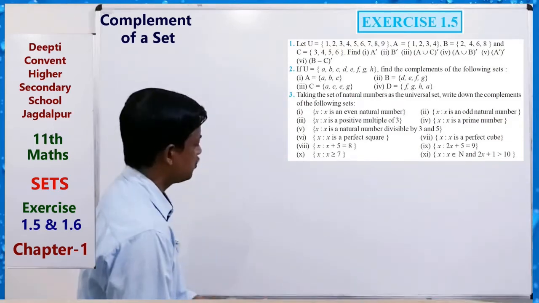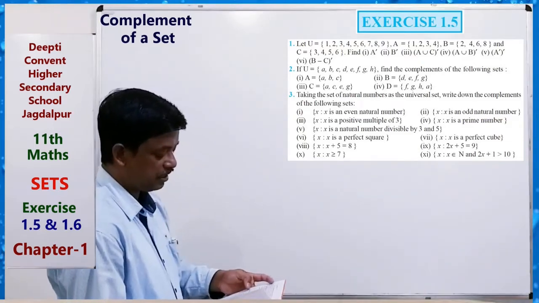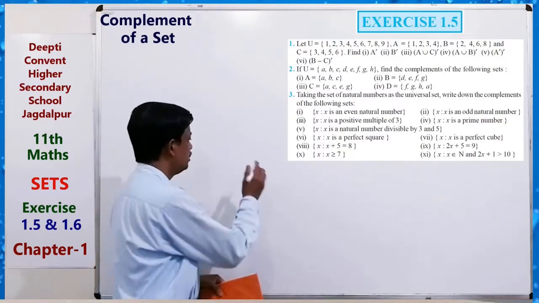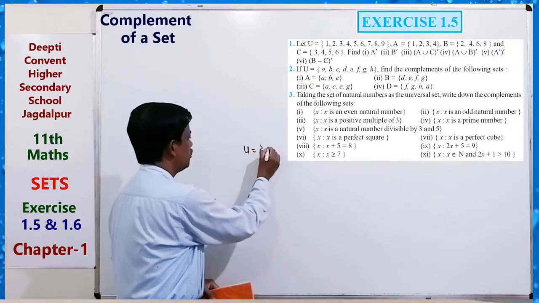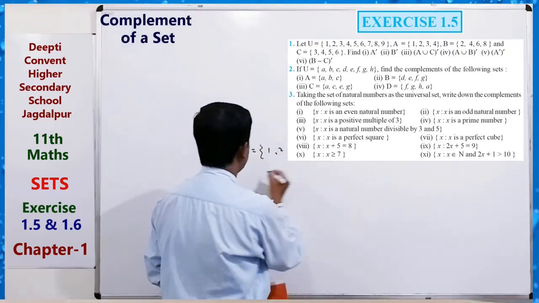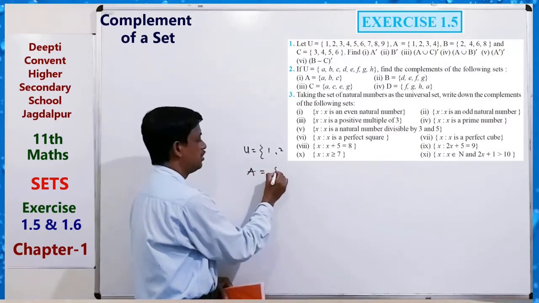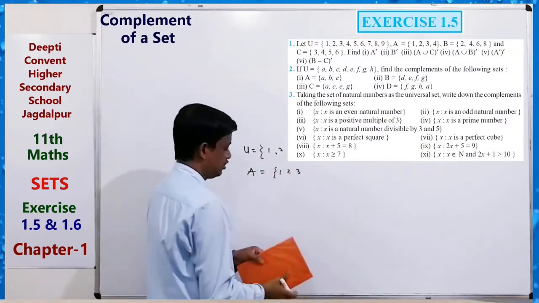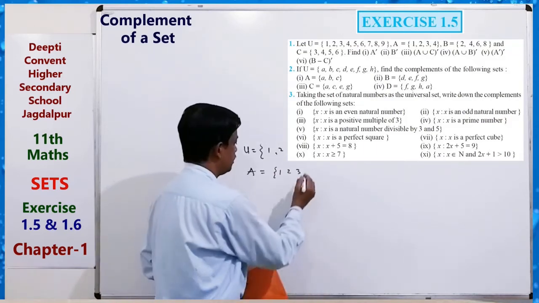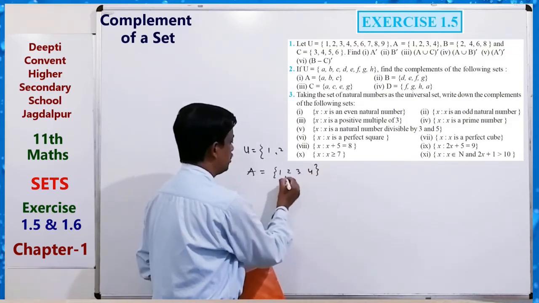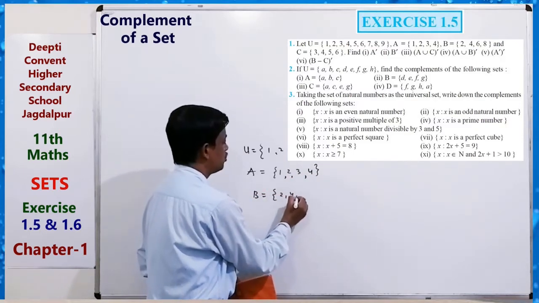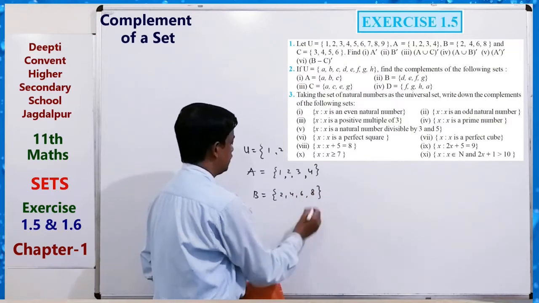Here U is 1 2 3 up to 9, A is 1 2 3 4, and B is 2 4 6 8.